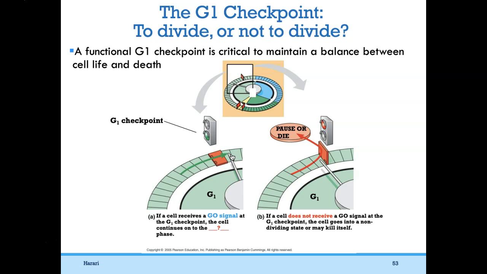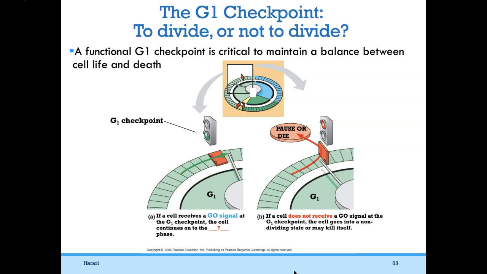So I want to take a step back. Now that we have spoken about cell growth and mitosis, and we spoke about cell death, let's go back to the very, very beginning of the cell cycle, which is the G1 checkpoint. A functional G1 checkpoint is critical to maintain the balance between cell life and cell death. Because at the G1 checkpoint, the cell has to make the critical decision.